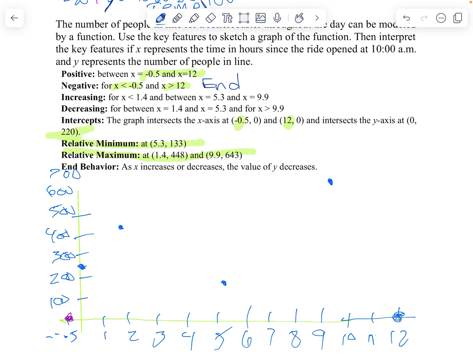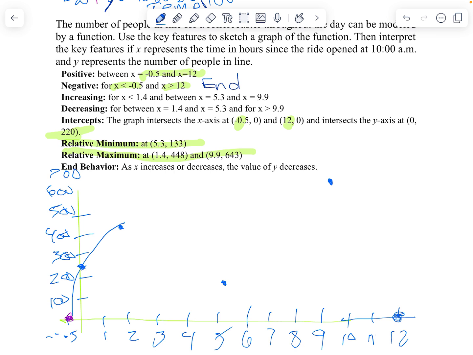No, that's a maximum, isn't it? Sorry about that. I can't read. 1.4 and 448. So that makes sense. So I'm going to go up here to 448. That's my relative max.